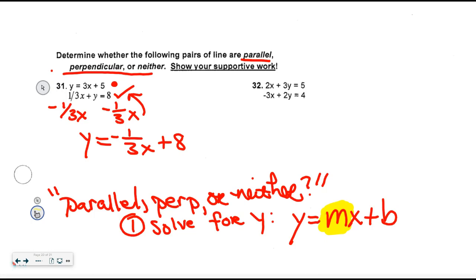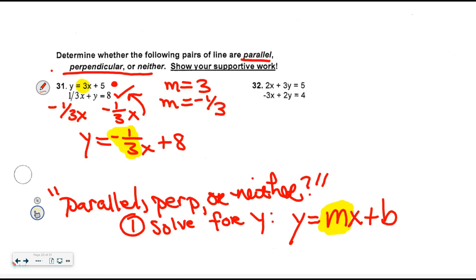So let's go back up to number 31. For the first line, there was a 3 in front of the x, so I want you to write m equals 3. For the second line, there was a negative 1/3 in front, so I want you to write m equals negative 1/3.